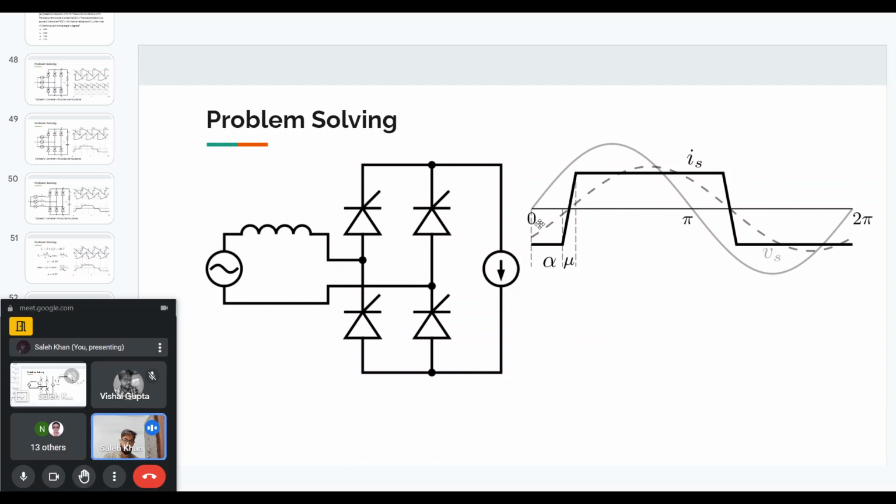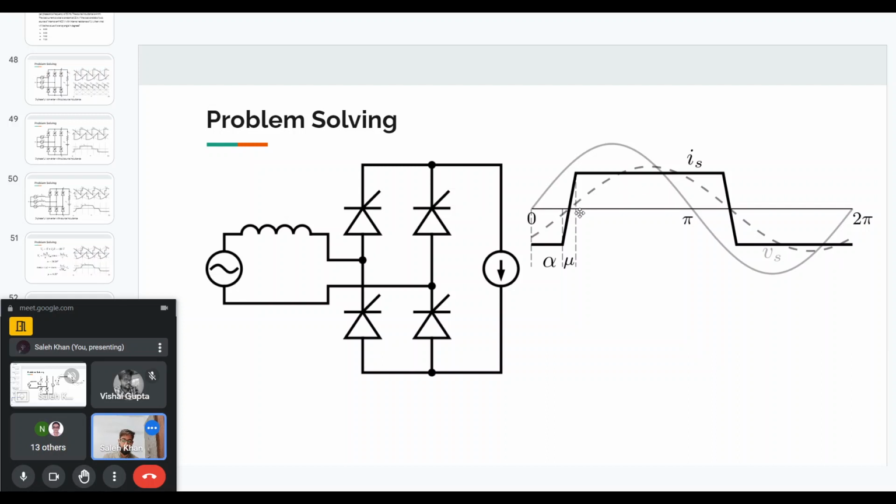So you can understand just by looking at it that the fundamental of the current will pass through this point where the actual current goes through zero. So this is how the fundamental will look like. I've shown it in dashed gray.